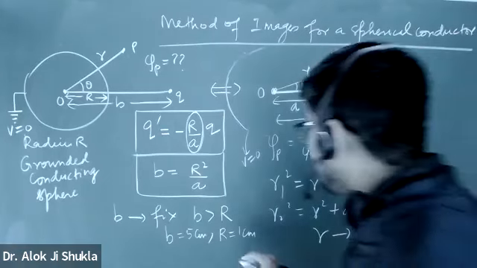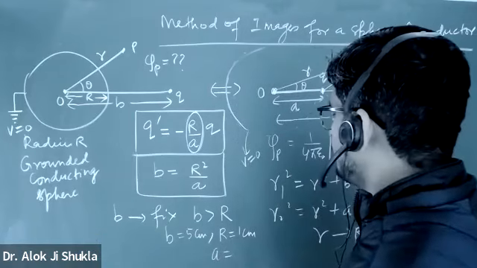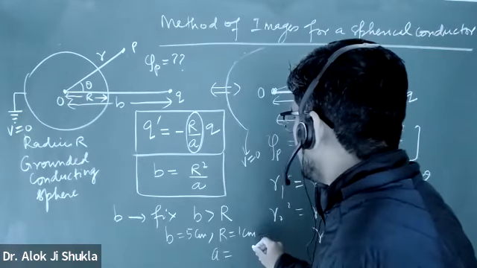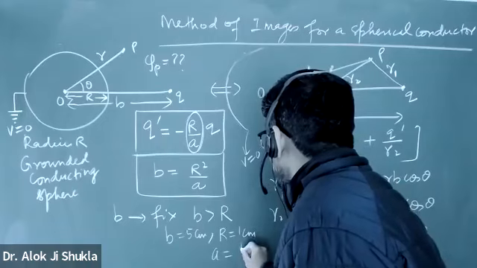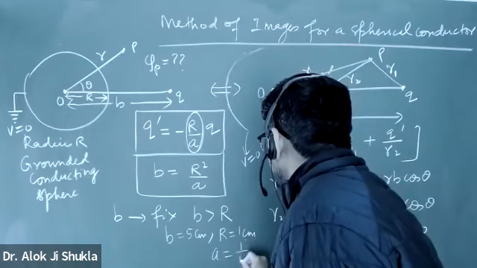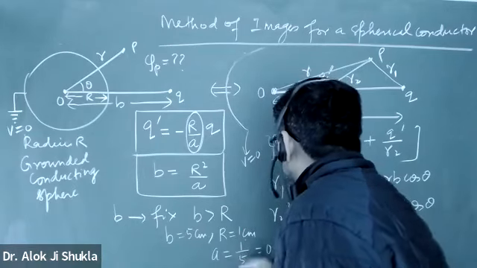So a will come out to be 0.2 centimeter. A will be r square by b, 1 by 5. Yes sir. So it will be 0.2 centimeter. So the calculation is like this.